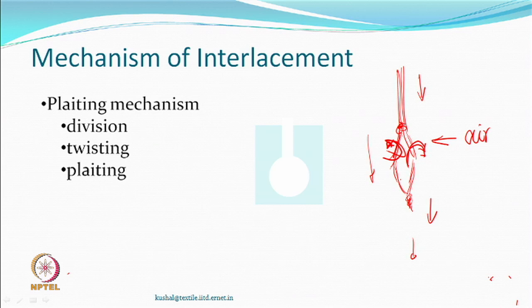So, what they find is, if you can make a jet which will do this thing, separate the bundle into 2 portions approximately, twist them in opposite direction, and then bring them close, which anyway will happen, then you will get nodes intermittently. It is passing at a particular speed. Whenever a portion which is like a node passes, it does not open, it just passes.